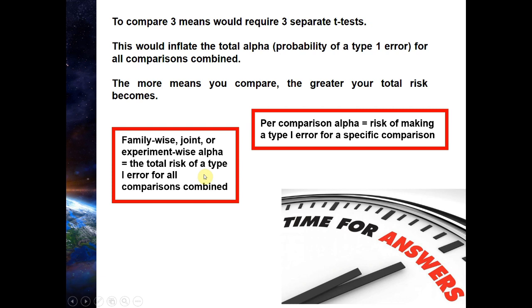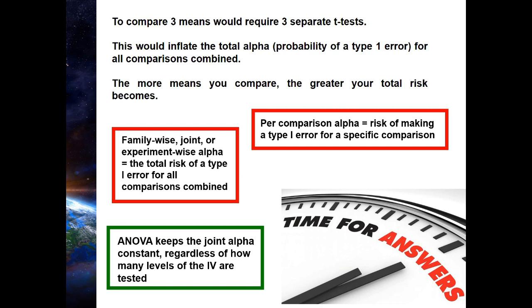You might think that all we have to do to figure out the family-wise alpha would be to just add 0.05 for the first t-test, 0.05 for the second, and 0.05 for the third. But it's not a simple addition, and that's not quite the way it works. So your total risk would not equal 0.15. It's going to be less than that, but I'm not going to go into details about how we might calculate it. It's not really important because we have a solution to this problem.